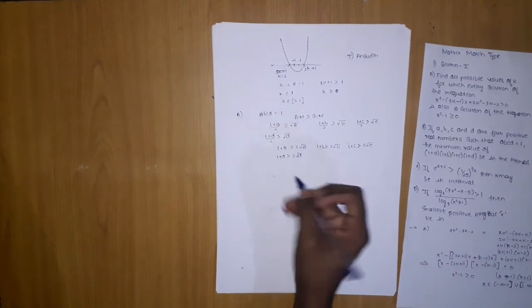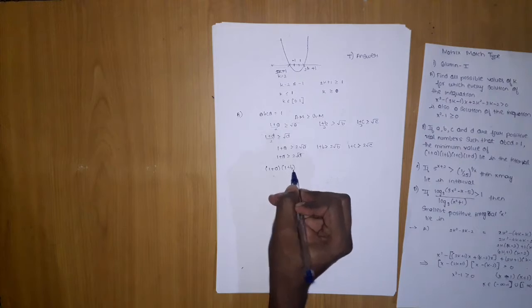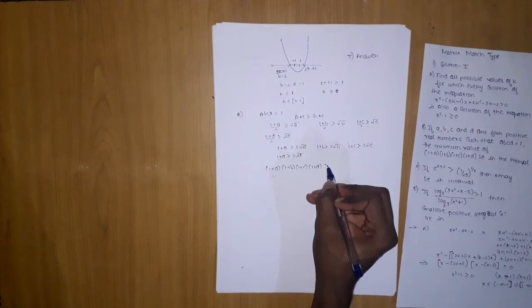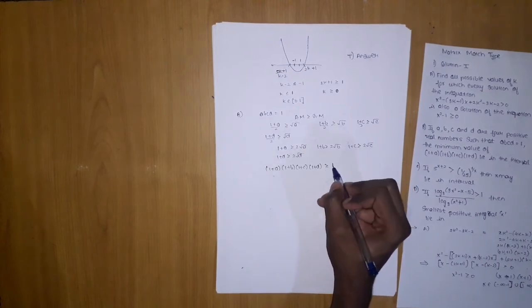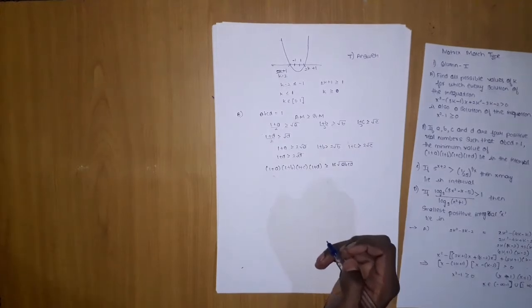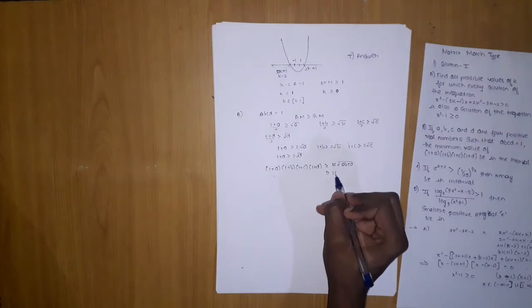Okay, now if I multiply all these, which will give us (1 plus a) into (1 plus b) into (1 plus c) into (1 plus d), which will indirectly lead to 16 into under root abcd. Now we know abcd is 1, so it will be 16.